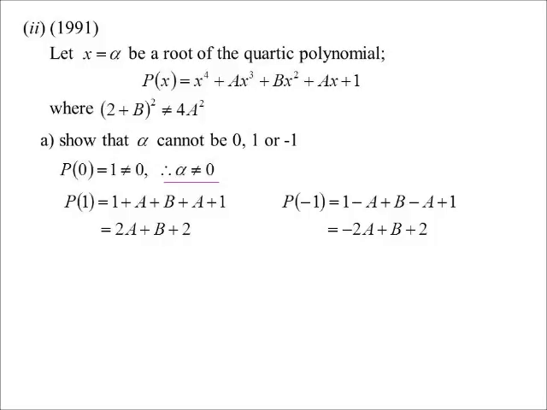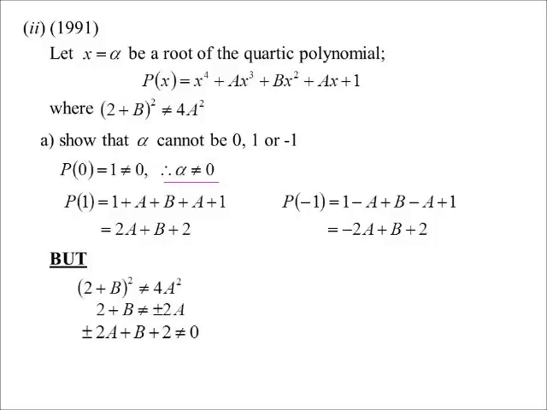Hang on a sec. They told me this: 2 plus b squared cannot equal 4a squared. So that means b plus 2 cannot equal plus or minus 2a. Well, if b plus 2 cannot equal minus 2a, in this first one that can't equal 0.